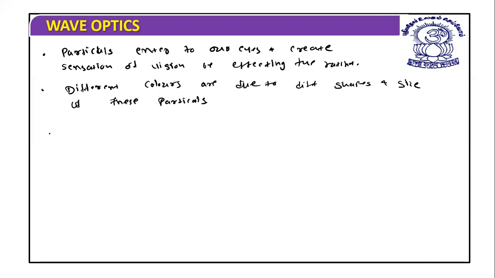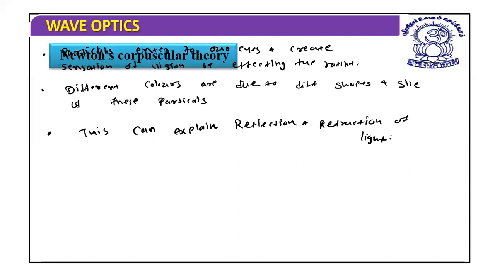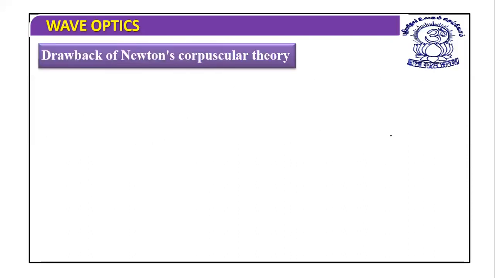This theory, as it is basically the particle theory, can explain the reflection and refraction phenomena of light. But there was some problem with this theory. Let us see them one by one.